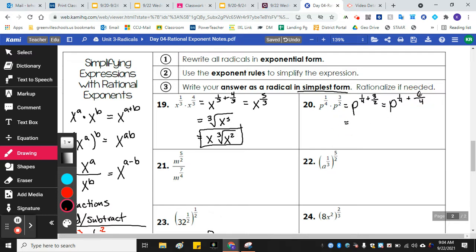So add them together. 1 plus 6 gives me 7/4. As a radical, this would be the 4th root of p to the 7, and then we have to simplify. 7 p's, if I group them in 4, I have one group of 4 with 3 left over.